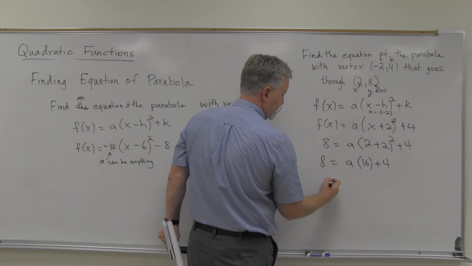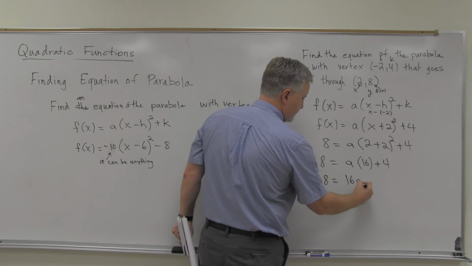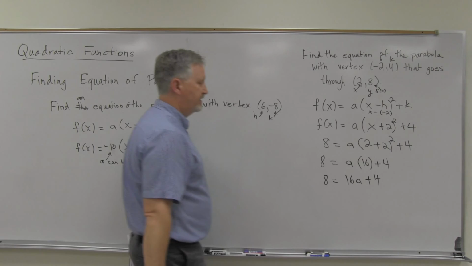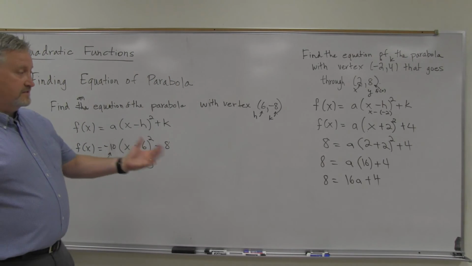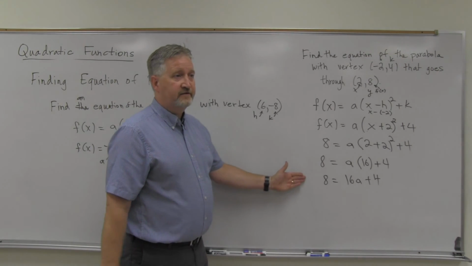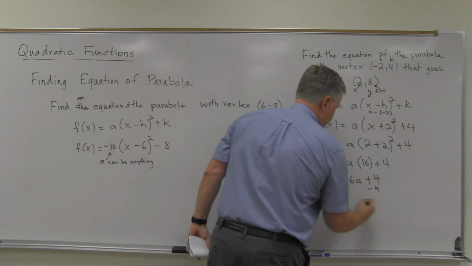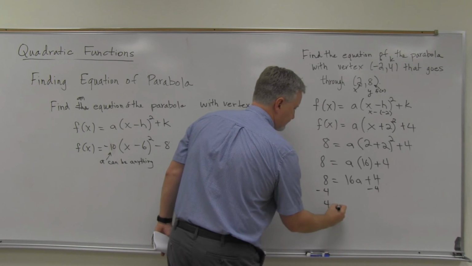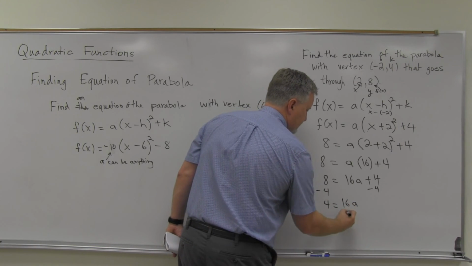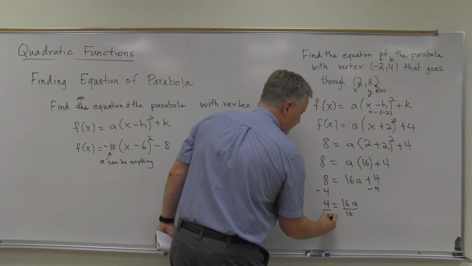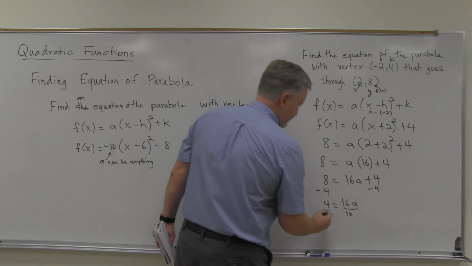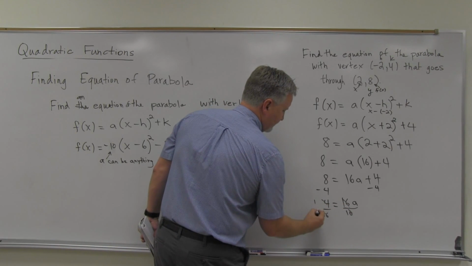That's 16a plus 4. You don't have to necessarily write it back around, but this is the equation I'm solving. Subtract 4, divide by 16. So we have 4 equals 16a, divided by 16. Yeah, I don't think we would have guessed what the a is here. It's 1/4.